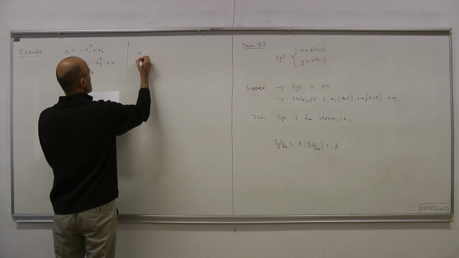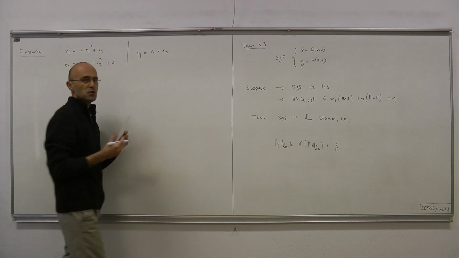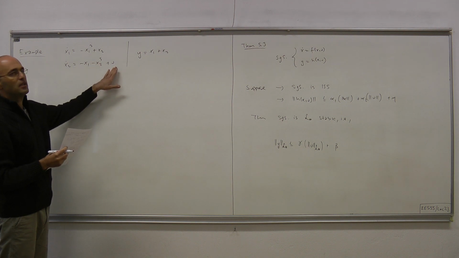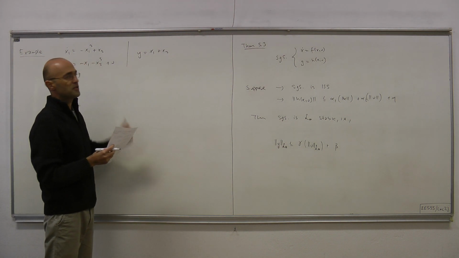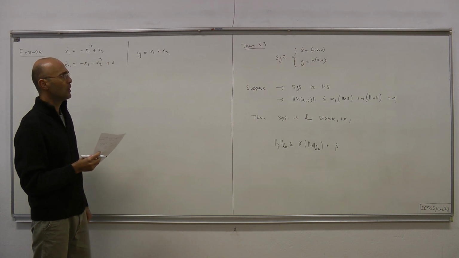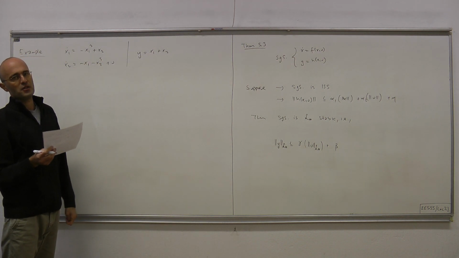For the system, the output, suppose, is x1 plus x2. And we want to study the effect of the input on the output. So we want to study the system from the input-output relationship point of view, and for that, the tool that we have is L stability.